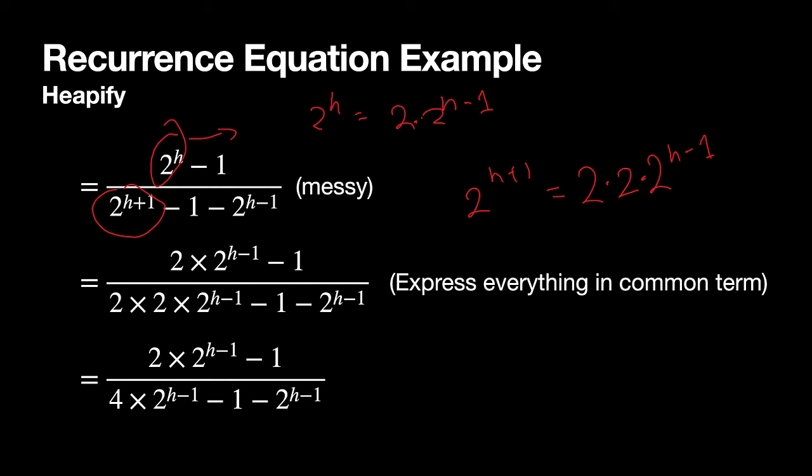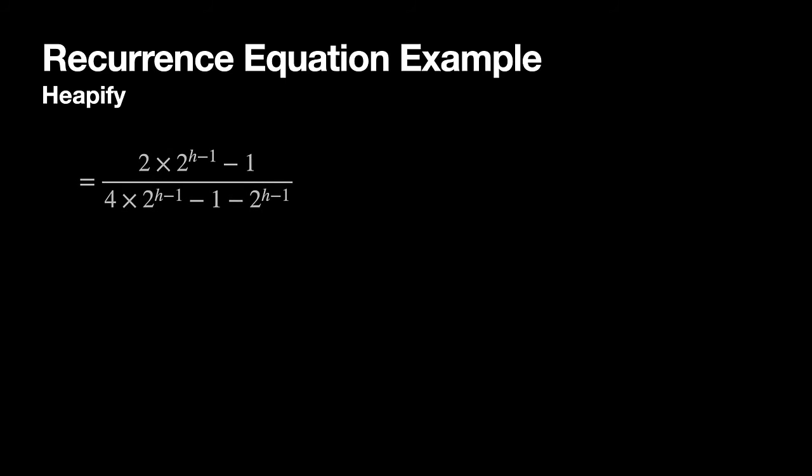Simplifying the denominator first, we can multiply out our 2 times 2 and have that 4 times 2 to the h minus 1 minus 2 to the h minus 1. Oh gosh, so we've got this and this. So we'll subtract off that second one and simplify just a little bit further. And we'll get a numerator of 2 times 2 to the h minus 1, and a denominator of 3 times 2 to the h minus 1.